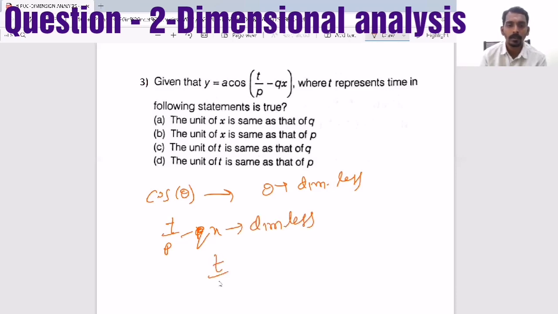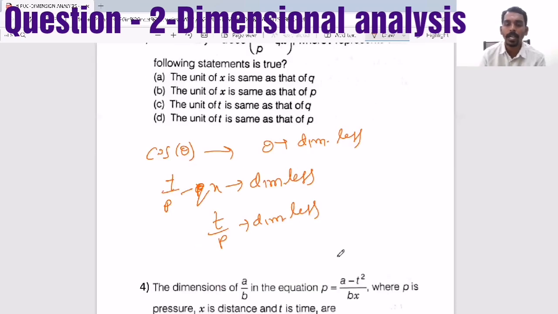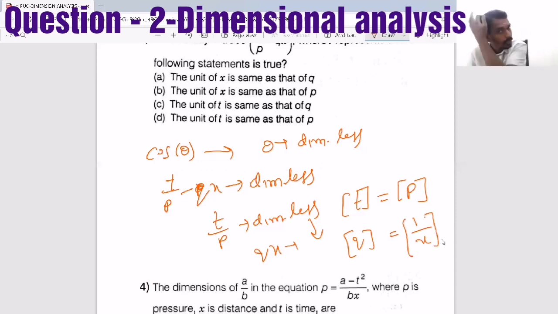That means t by p should be dimensionless. Just before I said a by b dimensionless means dimension of t should be equal to dimension of p, and q into x should also be dimensionless. That means dimension of q should be equal to dimension of 1 by x. Just before I explained, if A by B is dimensionless or AB is dimensionless, then you will get the answer.